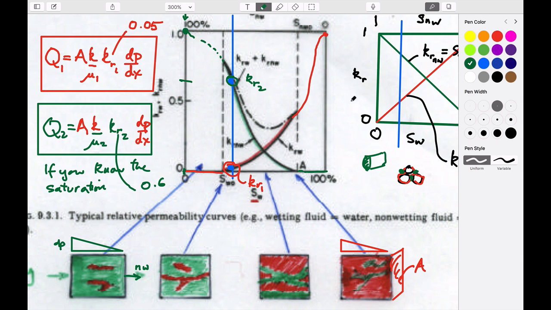If you chose a different location maybe for where you wanted to measure these two saturations, say it was this point here, how much of the water would be flowing? Finite? Zero? No. Zero, right? Relative permeability of water is 0.